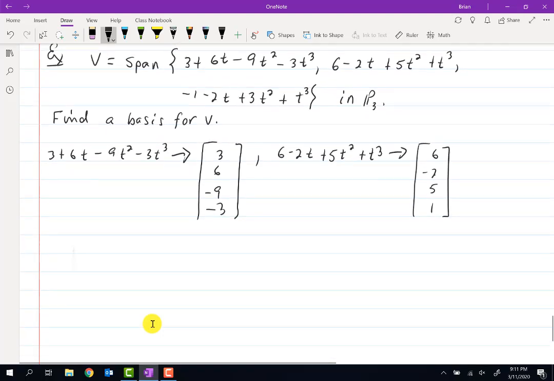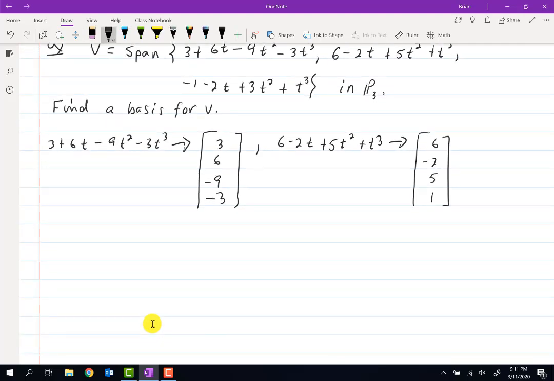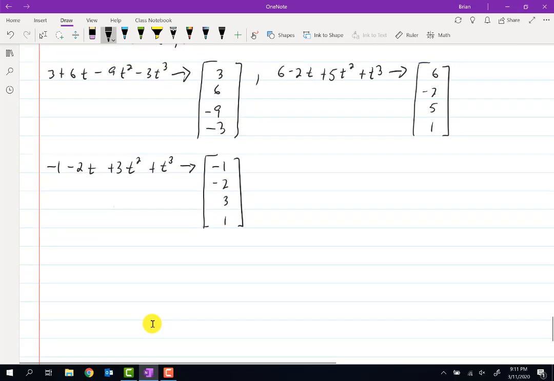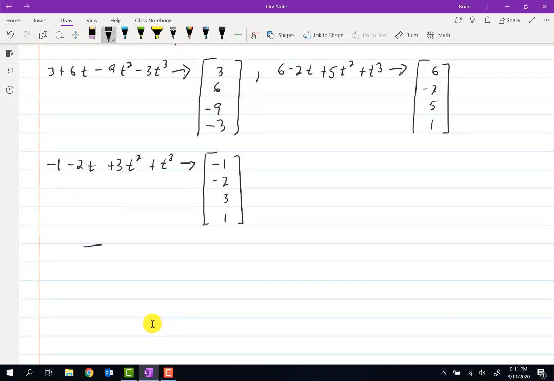And the last one in my set, negative 1 minus 2t plus 3t squared plus t cubed, I'm going to think of as negative 1, negative 2, 3, and 1. And as you might have guessed, I'm going to make up a matrix with these vectors as my columns.